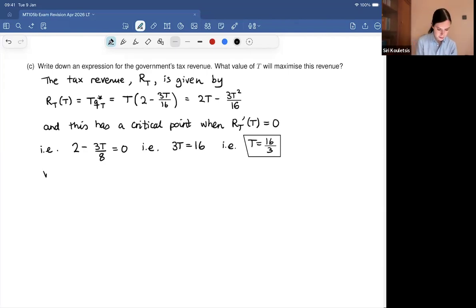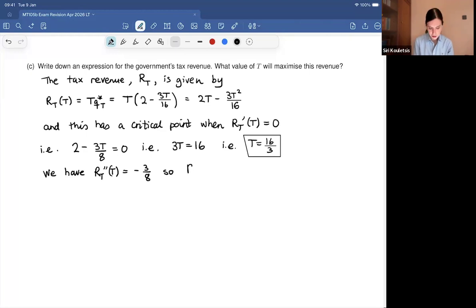But let's find the second derivative here to argue. The second derivative function is just the constant minus 3 over 8.